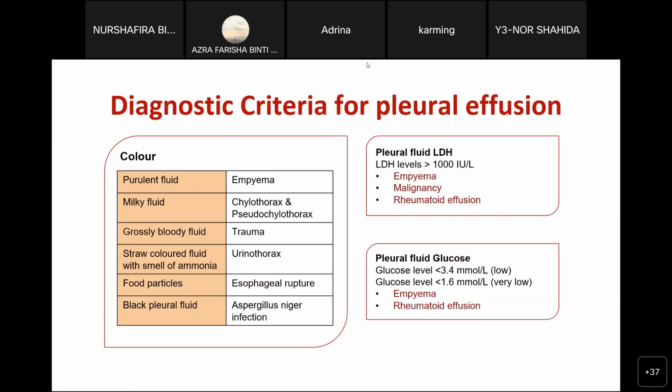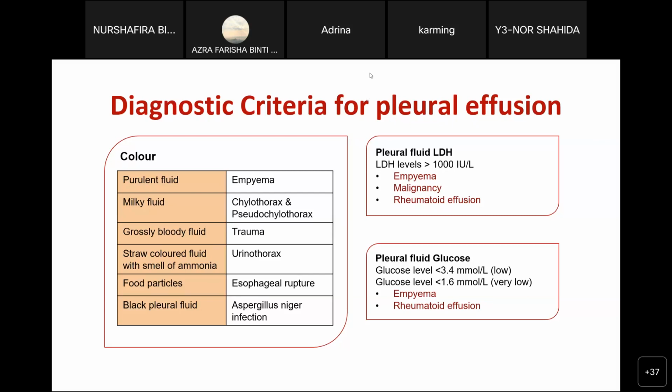So rheumatoid effusion, we know that it is a condition which is related to autoantibody that triggers the inflammation. We know that when there is inflammation, there is increase in capillary permeability. So it will cause fluid to move from the capillary to the pleural cavity.